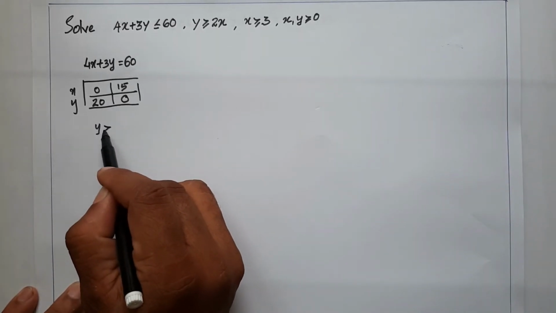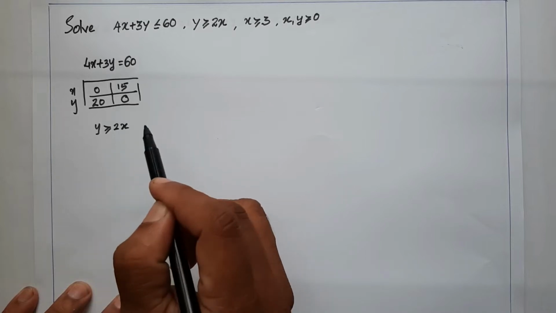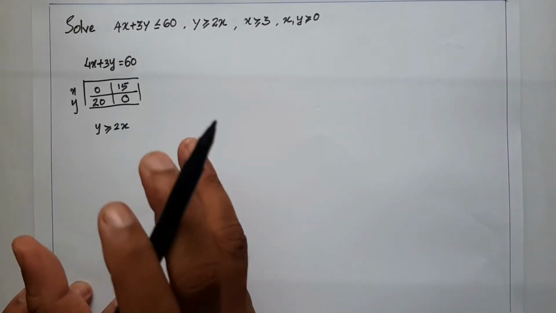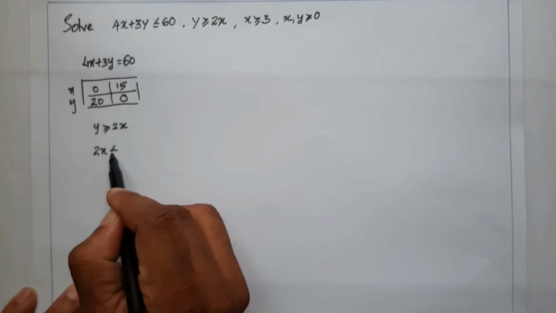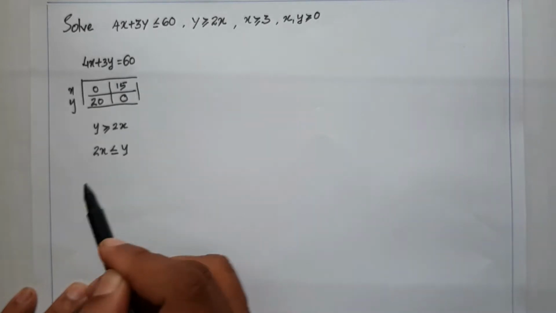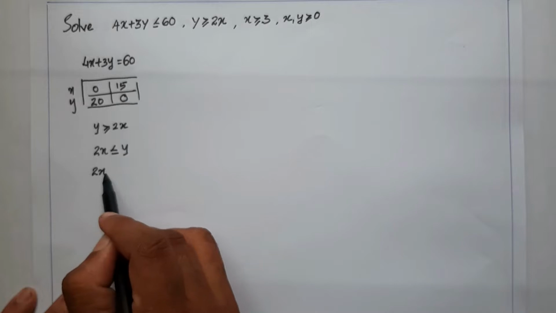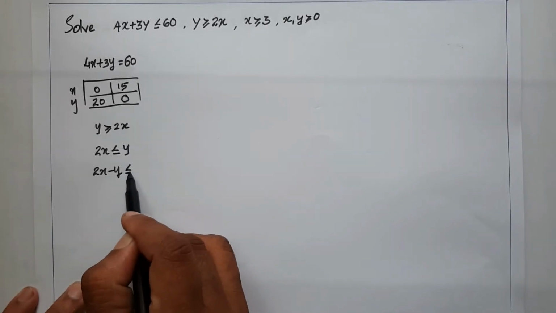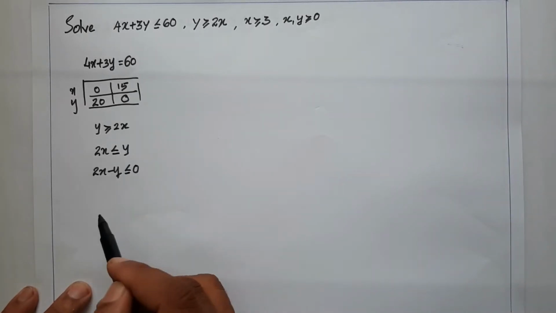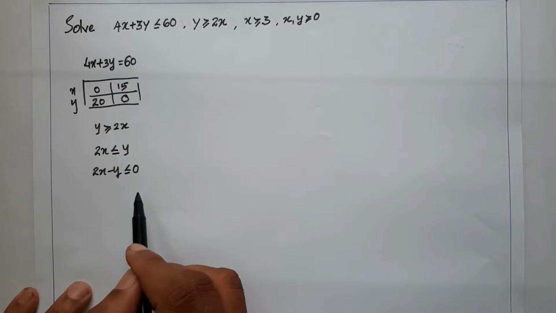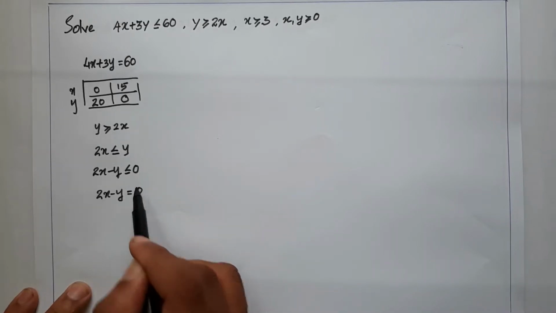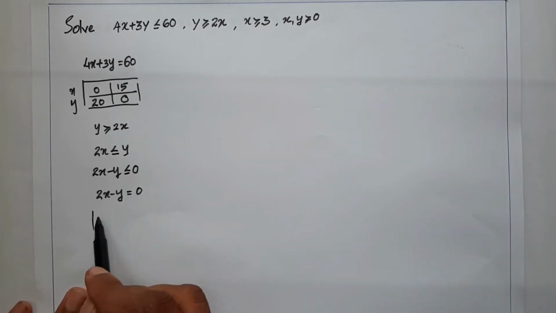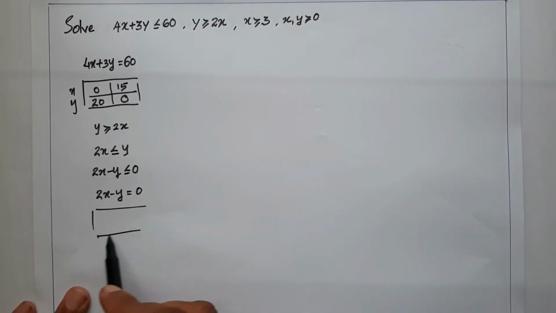Now y greater than or equal to 2x. It means we set our x term on the left side, that is 2x is less than or equal to y, or 2x minus y is less than or equal to 0. That means we form a table based on 2x minus y is equal to 0.